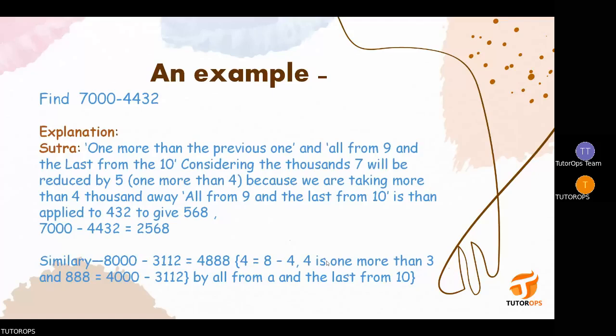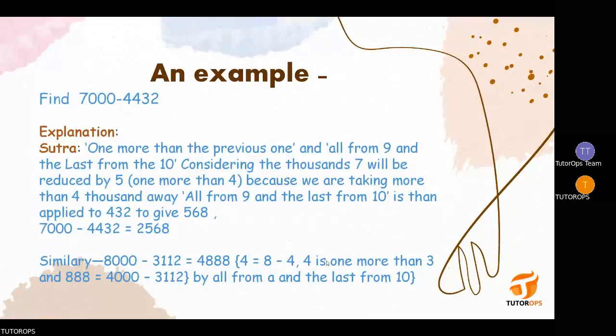Okay, another example. Here we are finding 7000 minus 4432.